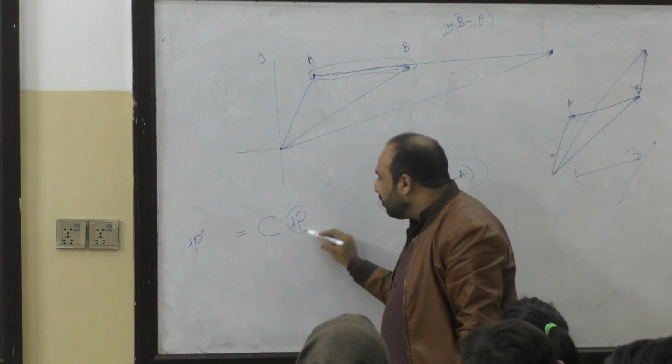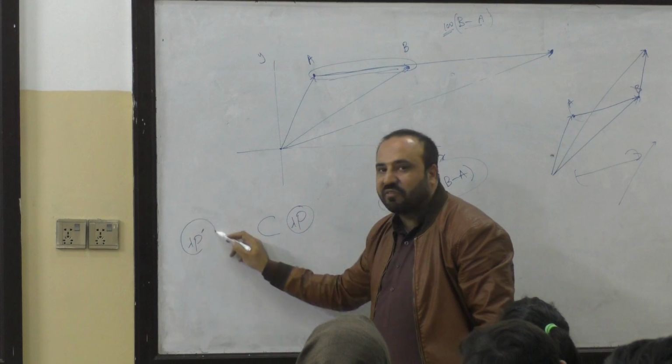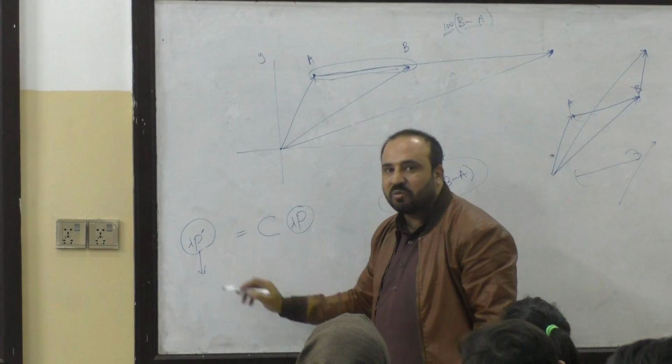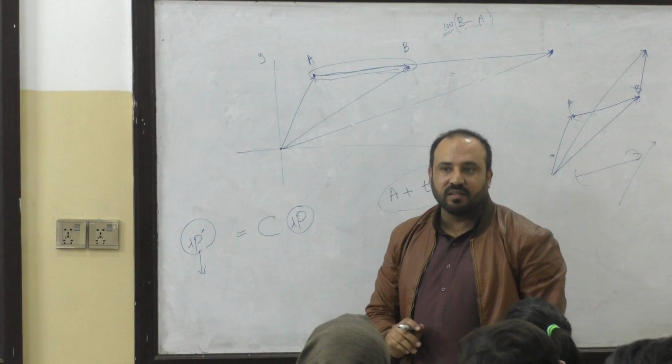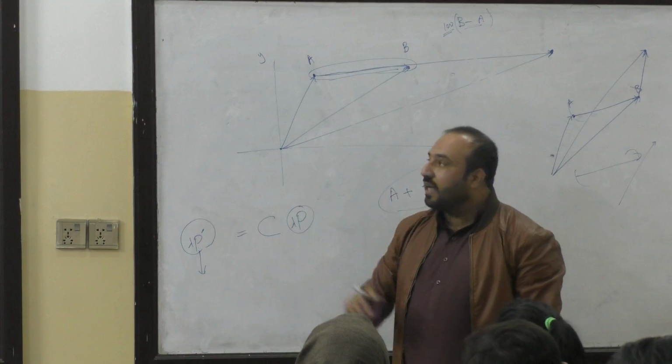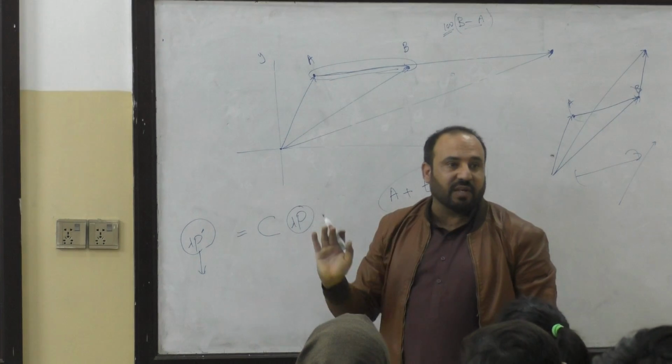So जब तक मैं homogeneous form में हूँ, the result is also in homogeneous form. I have to back convert it to get the Cartesian point. अच्छा. Make sense?